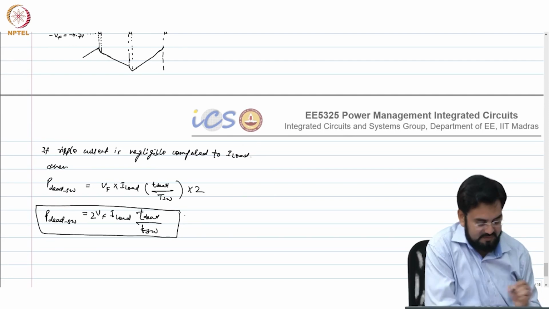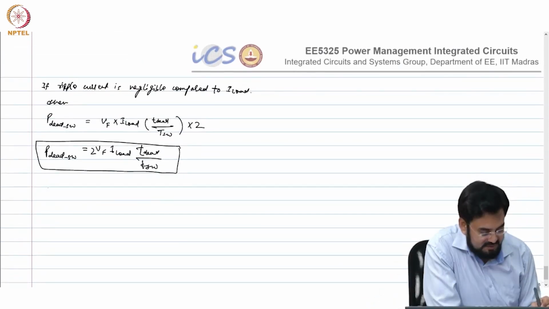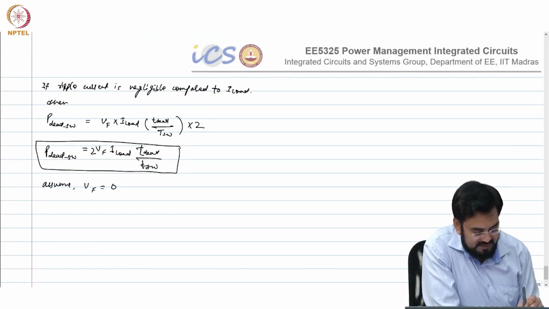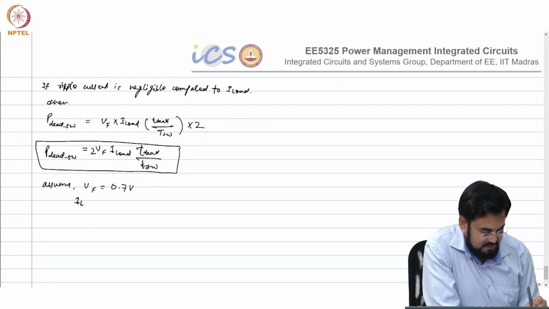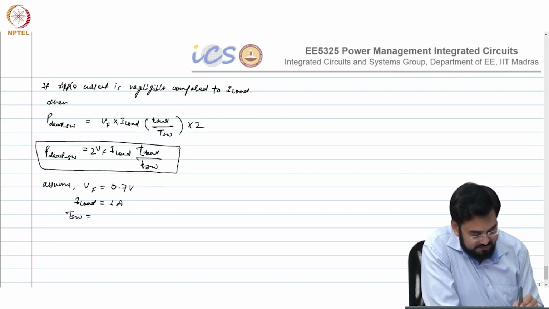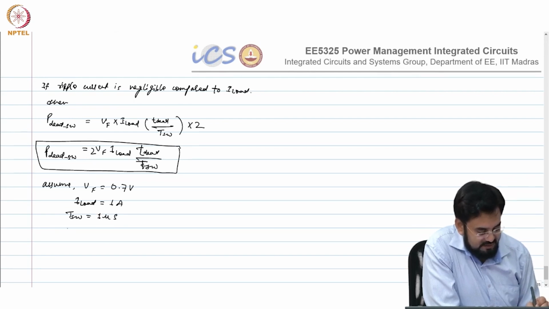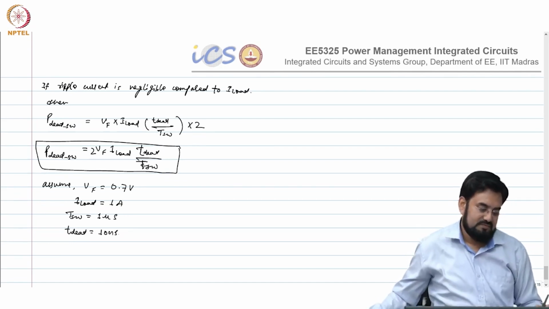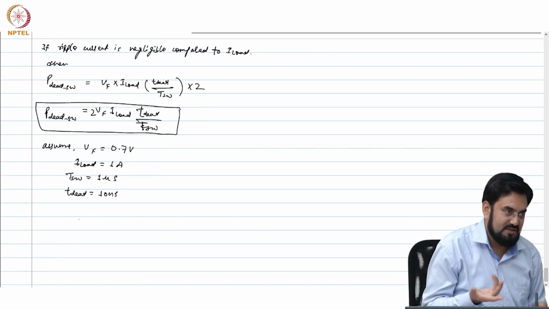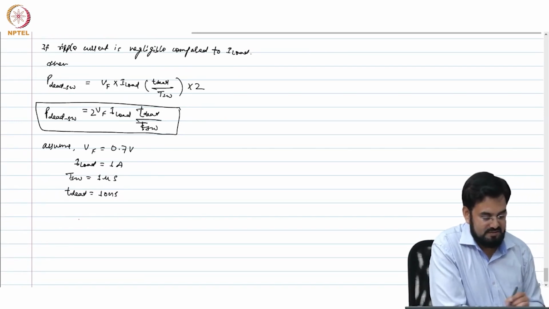Now let's take an example. So let's say VF equal to 0.7 volt, I load equal to 1 amp, TSW is 1 microsecond, and I'll keep, let's say, T dead 10 nanoseconds, which is 1% of your TSW. Okay.